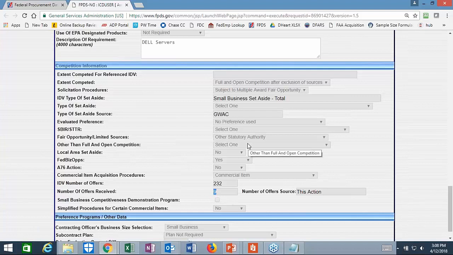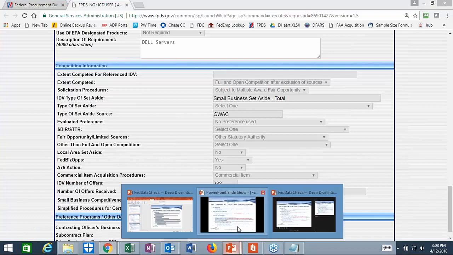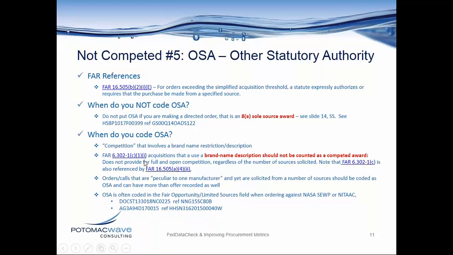Because if you put a brand name restriction on an order or call, you got a code that is not competed. Well, I don't know looking at it that it was a brand name. Without looking at the contract or the solicitation, we don't know that it was.